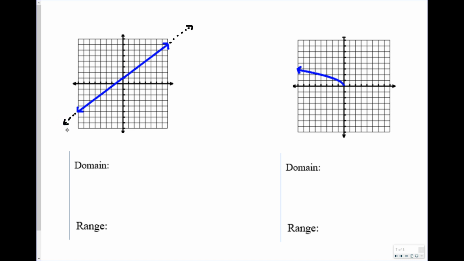So domain of a straight line is always going to be negative infinity to infinity for domain and negative infinity to infinity for a range because there's no stopping point anywhere. It goes on forever and ever and ever, left and right. So domain and range for a straight line is by far the easiest thing to think about.